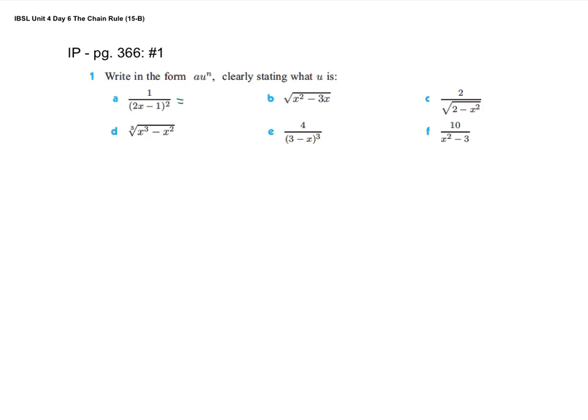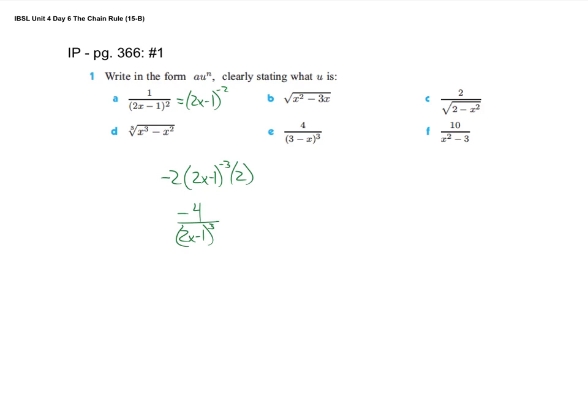For example, you may rewrite this one as 2x minus 1 to the negative 2, but I want you to get to the point where you can say, that's negative 2 times 2x minus 1 to the negative 3, times the derivative of the inside, so it's negative 4 over 2x minus 1 cubed.